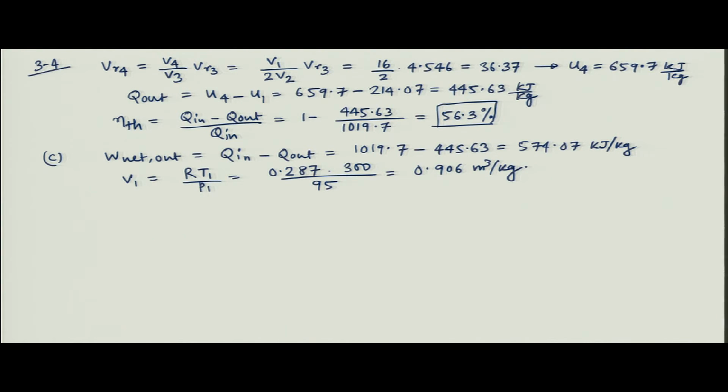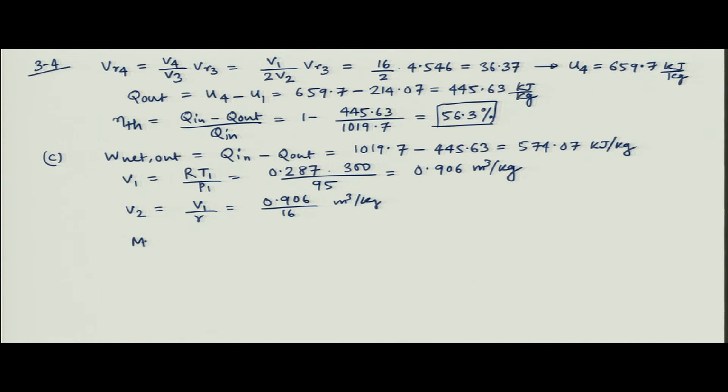Okay. So, that is the maximum volume of the cycle. Now, what is the minimum volume? That is basically the V2. V2 is basically V1 upon R, and R is the compression ratio, which is 16. So, 0.906 divided by 16, this much meter cube per kg.